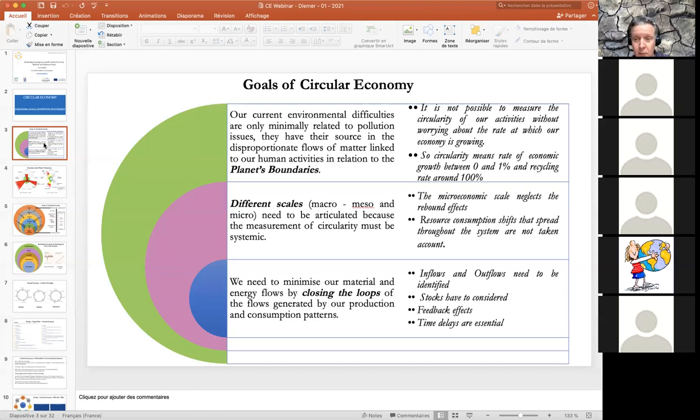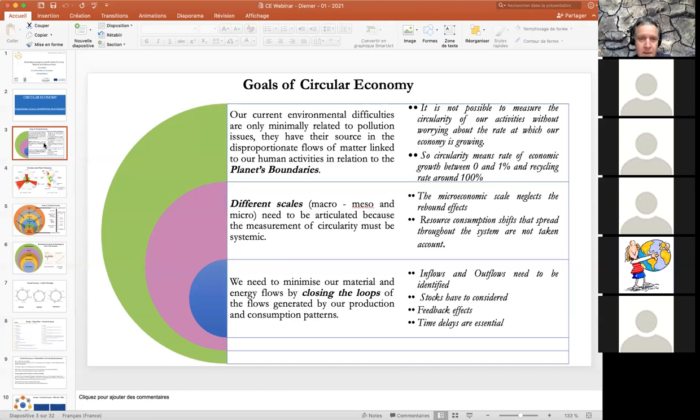But the problem is we are not able to improve recycling in a global way. We can do it at the micro level, but not at the global level. So I believe the idea that, to respect the planet boundaries, we have just one target, recycling more, is not a very good strategy.